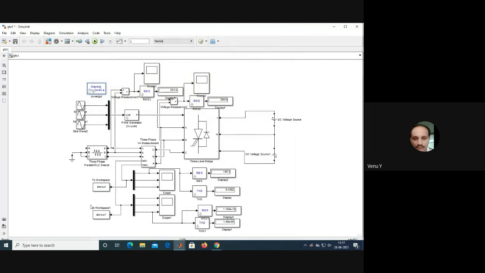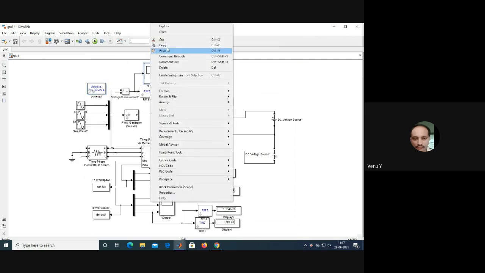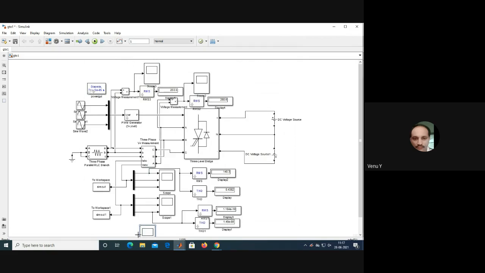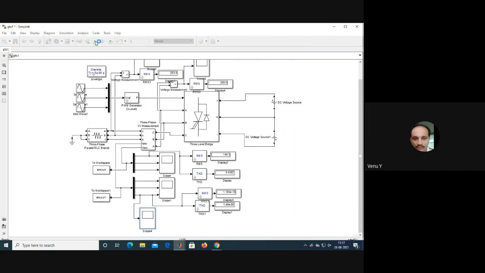So there is some problem in phase 3. Again, you can run this.